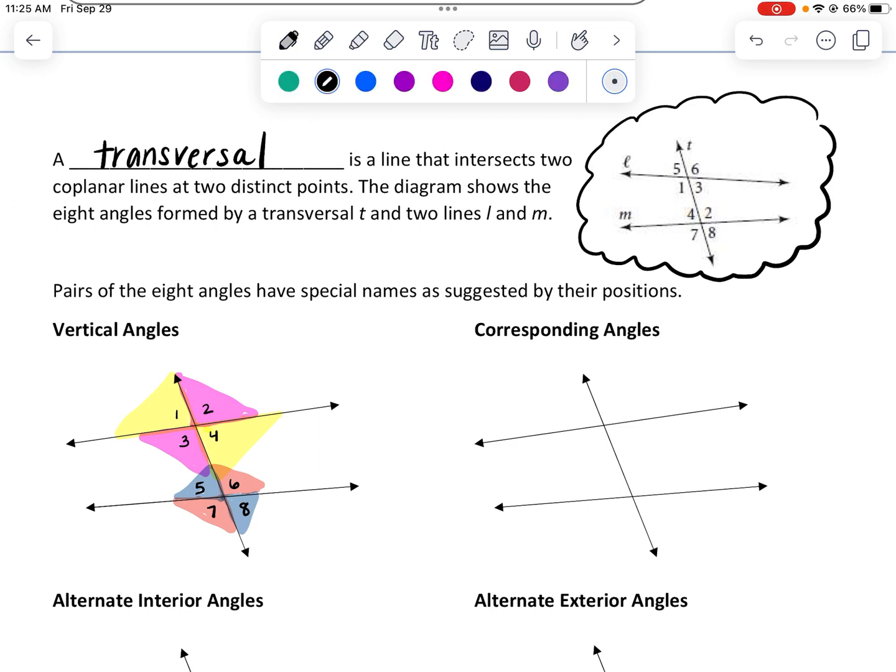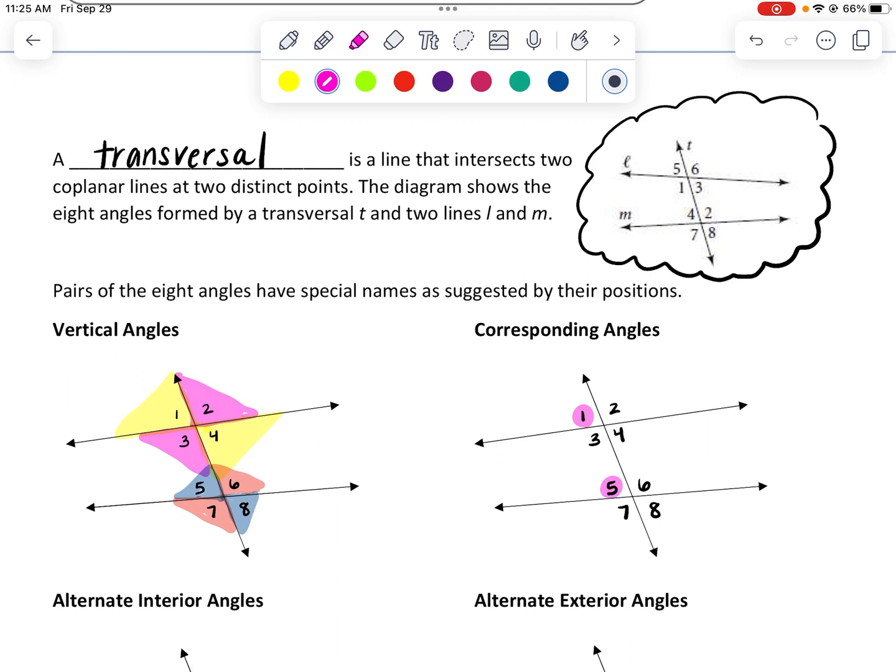Okay, corresponding angles. I'm going to name this 1, 2, 3, 4, 5, 6, 7, 8. Now, corresponding angles have the same position. So, watch what happens. If I have angle 1, it's above the line to the left. Above the line to the left would be angle 5.